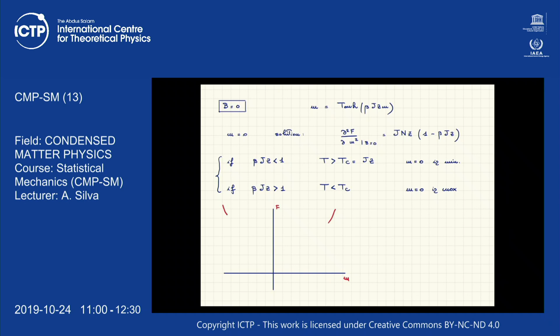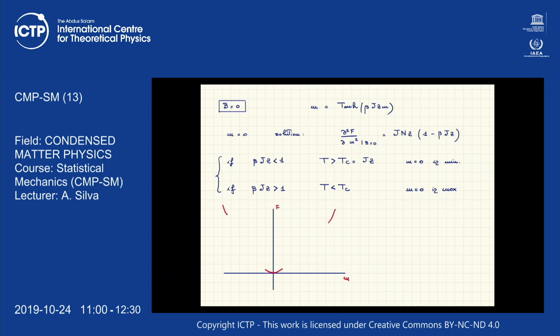Now, for T greater than Tc, the second derivative is going to be positive, and therefore the free energy is just going to be a nice, positive curvature figure like this one.